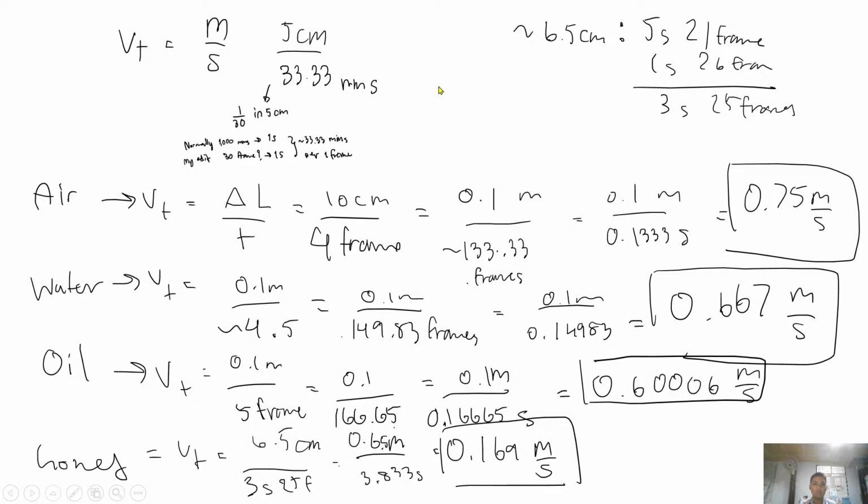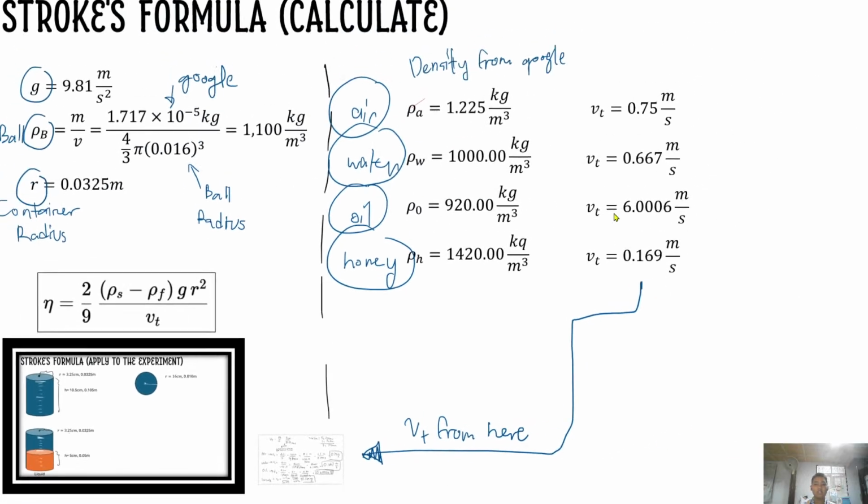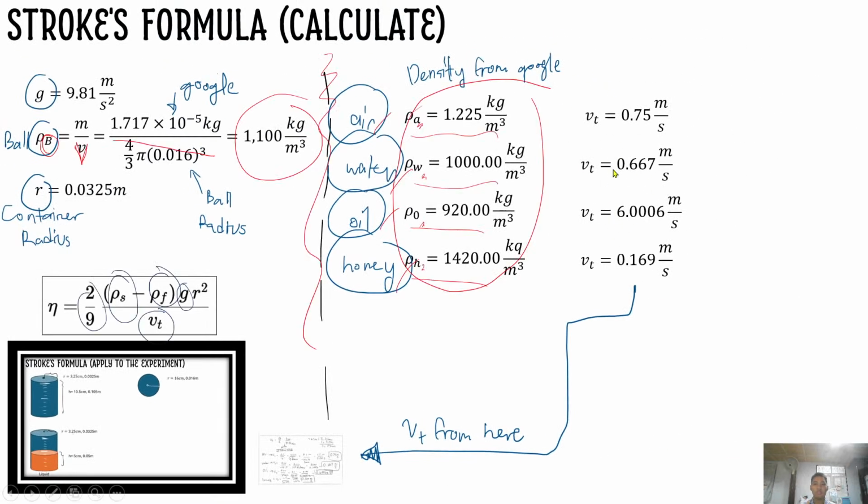If you add the 30 frames together, it is around 1,000 milliseconds, which is equal to 1 second. I explain here: this is from air, 10 centimeters per frame, etc. We got this for the water, this for oil, and this for honey. That's how I get the velocity for each liquid.